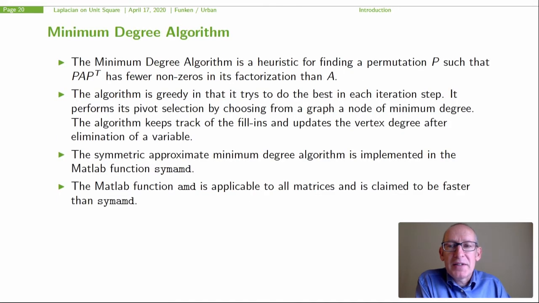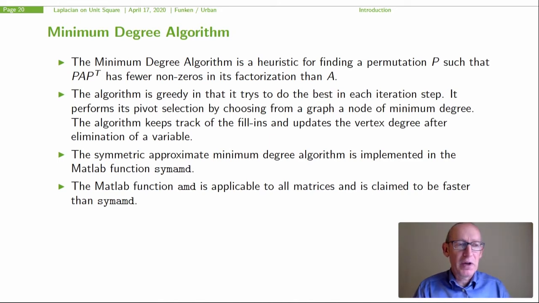So the other method I would like to discuss here is the minimal degree algorithm. Again, the minimum degree algorithm is a heuristic for finding a permutation P, such that P transposed A P has fewer non-zero entries in its factorization than A. Not reducing the envelope, but in the factorization we would like to have fewer entries.